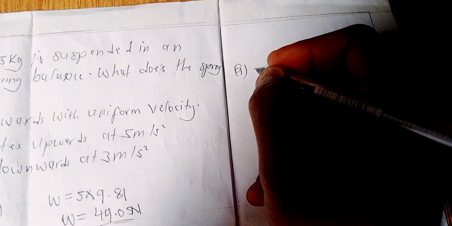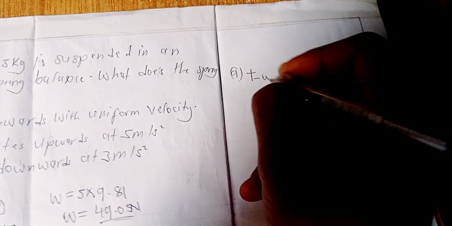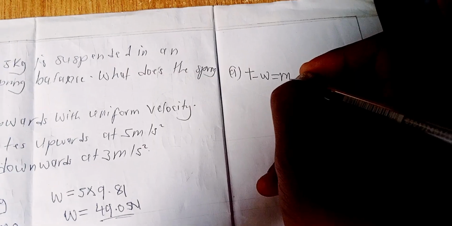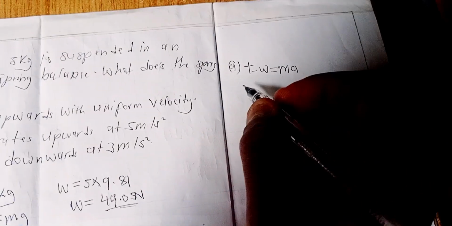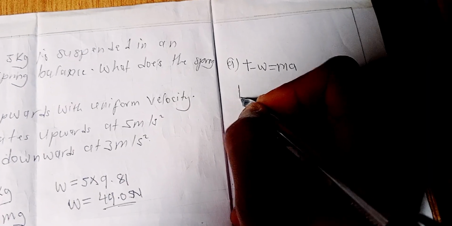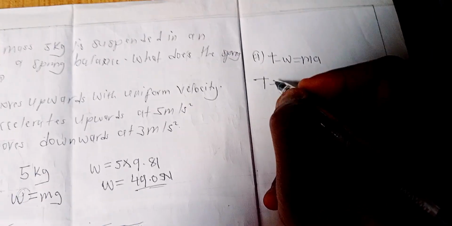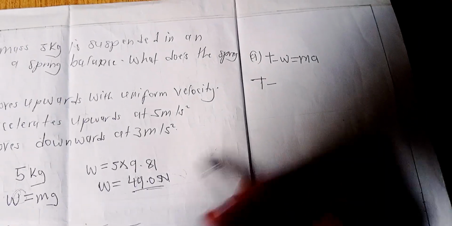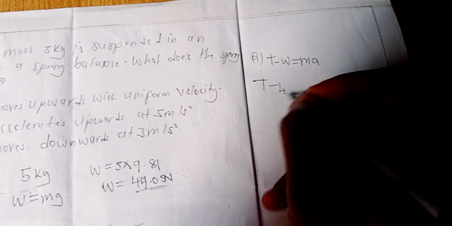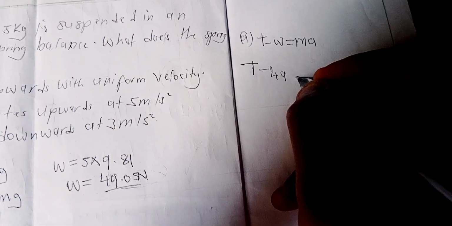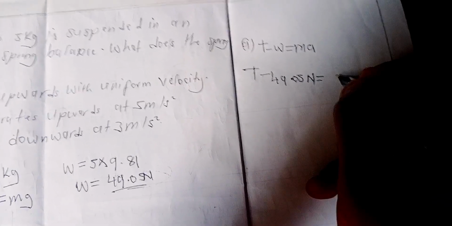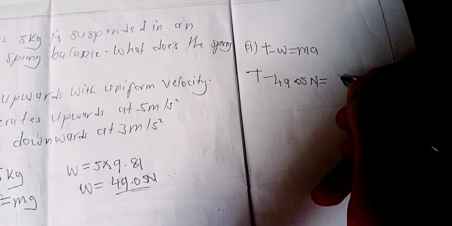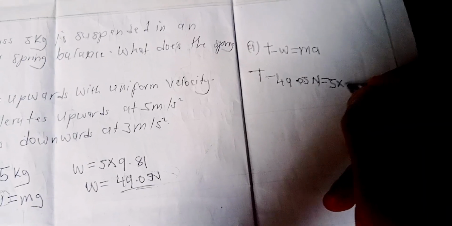So the elevator moves upward. We're going to say T minus W is equal to mass times acceleration. We don't want the tension because the tension is what we have been asked to answer. So T minus weight, weight we have already answered, it is 49.05 newtons, is equal to mass, given in the question as 5 kg, times acceleration.